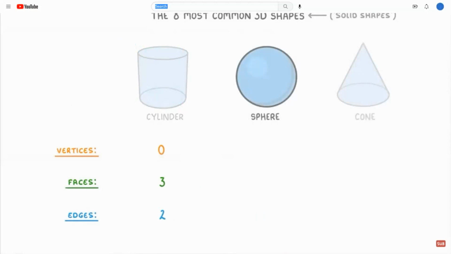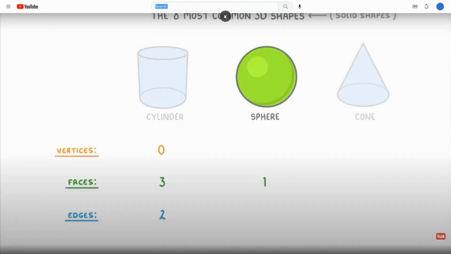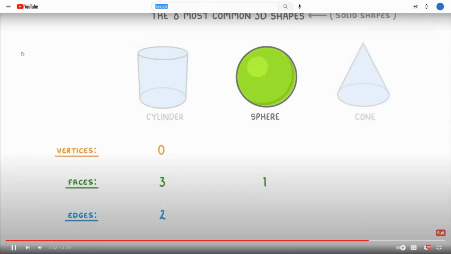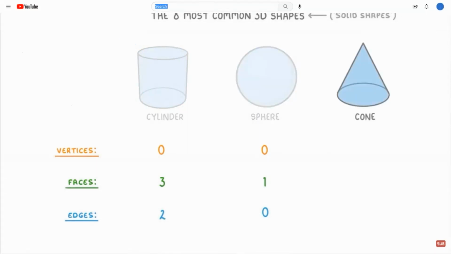Then moving on to the sphere, this has just one single curved face that stretches around the entire shape, so it doesn't have any vertices or any edges. And lastly, the cone has just one vertex at the top, two faces, this curved one around the middle and this flat one at the bottom, and just one edge that circles around the bottom.